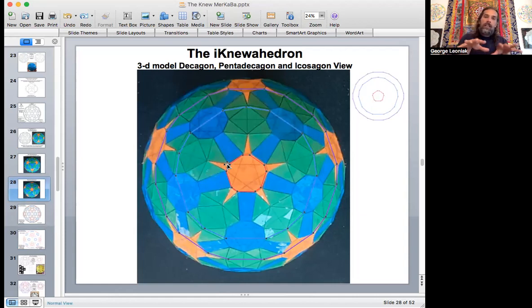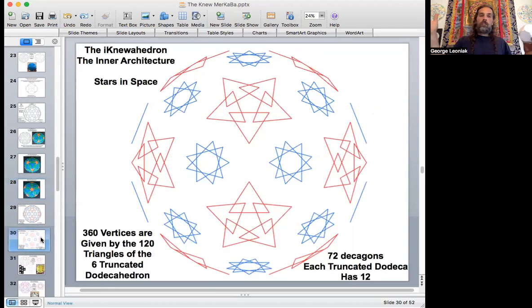So they're hidden into the form, but there are 120 of those triangles in there of the 72 decagons that are the stars floating in space. Because if you remove all the rest of the connecting lines I did to make the form, essentially you have those stars. And if we do the rest of the connections, we'll have the 72 decagons, which I didn't do a drawing of, but now that I'm looking at it, maybe that would be cool.